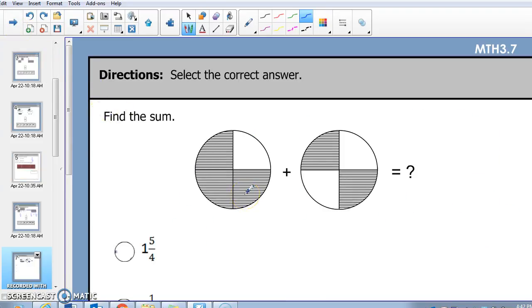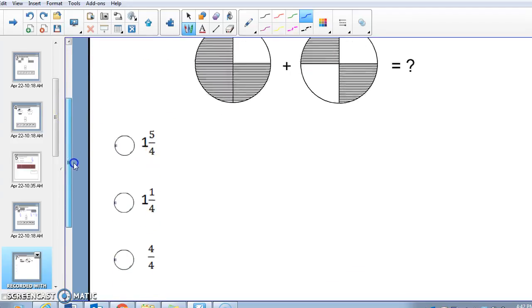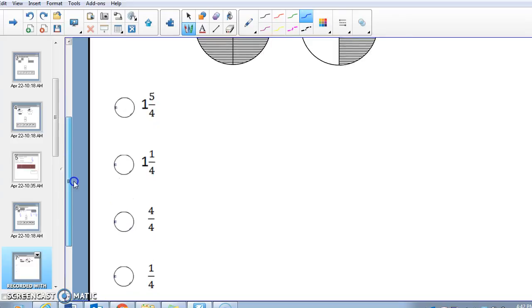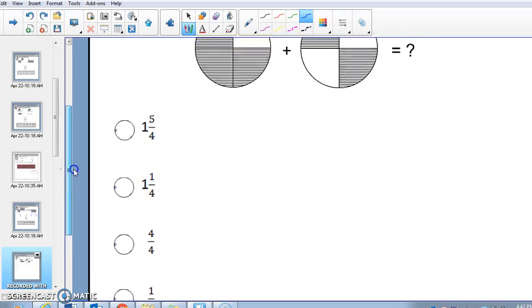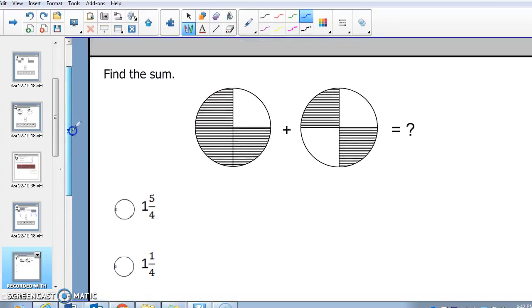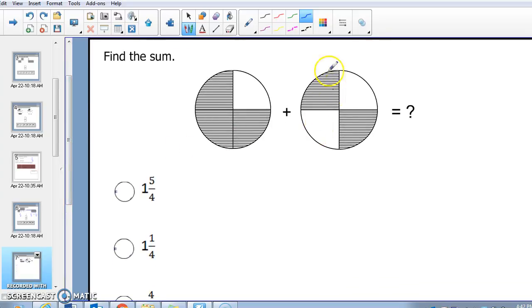Okay, now we have a multiple choice one. This one's a little bit different. We're finding the sum, so pause the video for a moment and think about what is the answer to this question. That last choice is 1/4. So we're thinking about adding this part and this part over here.